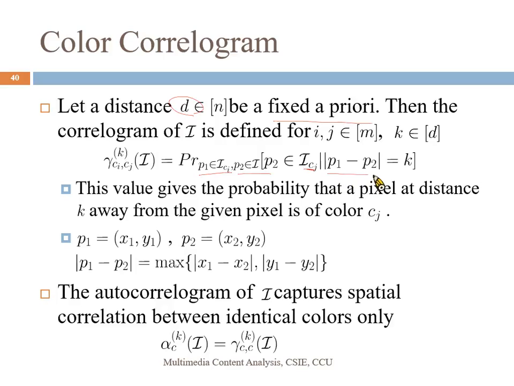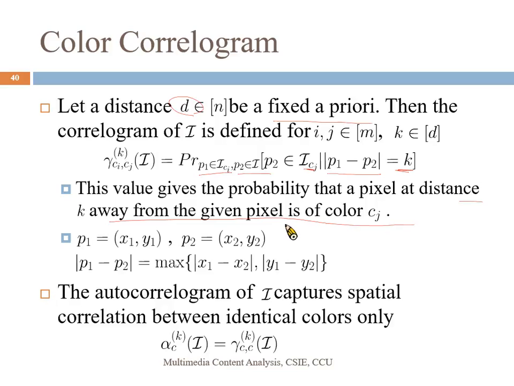In a word, this value gives the probability that a pixel at a distance k away from the given pixel is of the color cj.